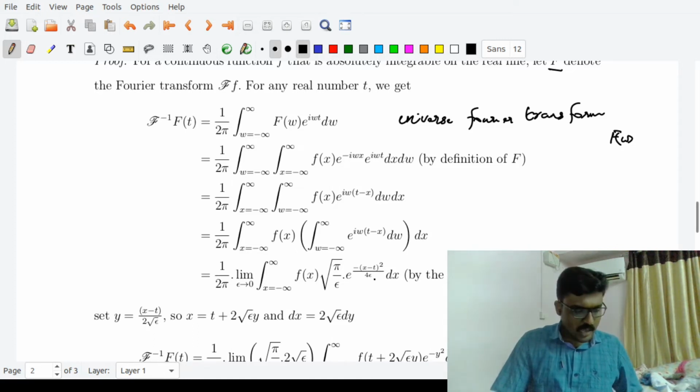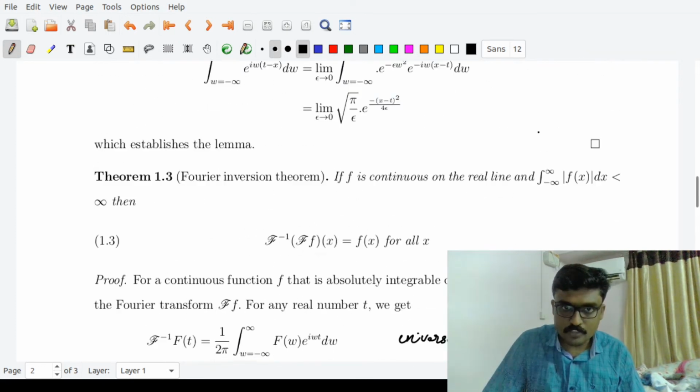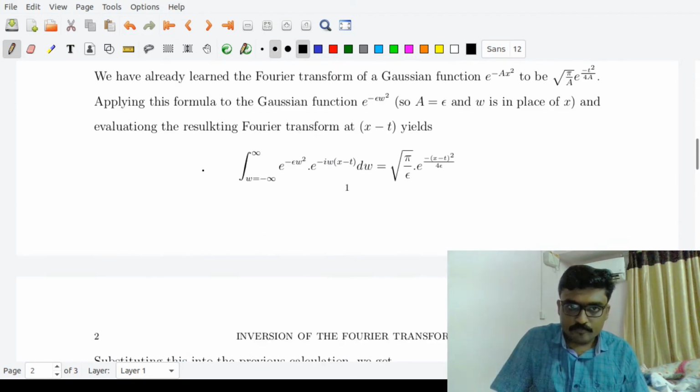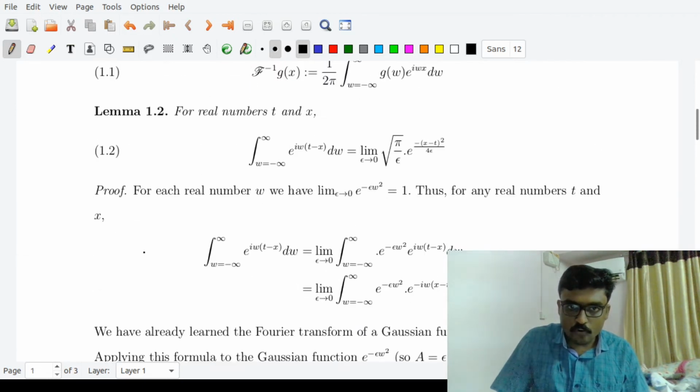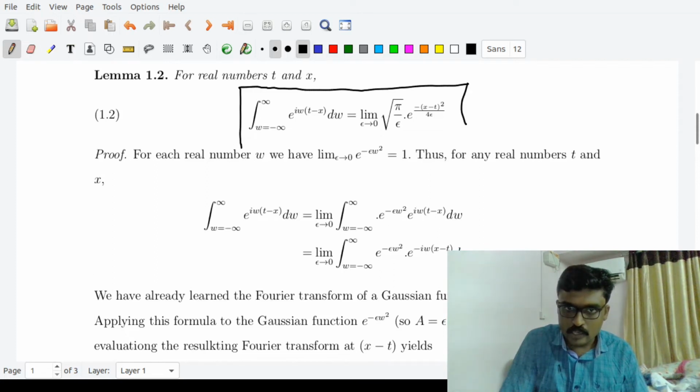For completeness, I would like to mention the lemma. The lemma says that for real numbers t and x, integral w equal to minus infinity to infinity e raised to i w of t minus x dw equals limit epsilon tends to 0 root of pi by epsilon e raised to minus x minus t square by 4 epsilon.